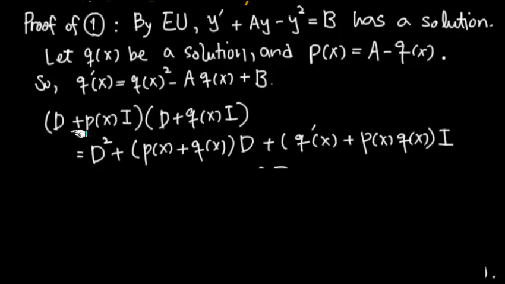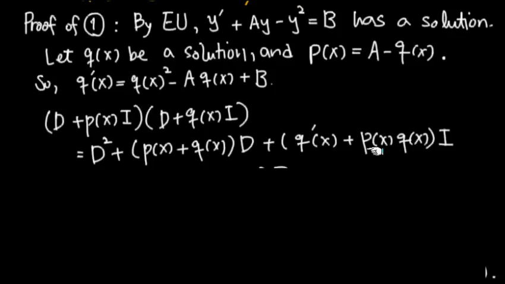This is the lemma that was introduced in some other parts of my video. If you have p(x) here and q(x) there, the way this product of two operators unfolds is that the coefficient of D on the left is the sum of these two coefficients, just like quadratic polynomials. But the coefficient of the identity part is slightly different.